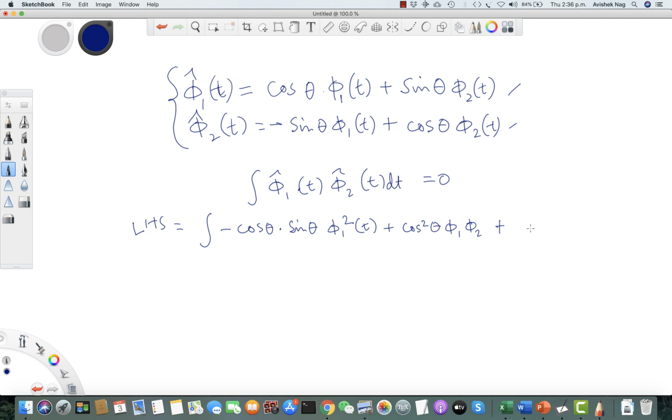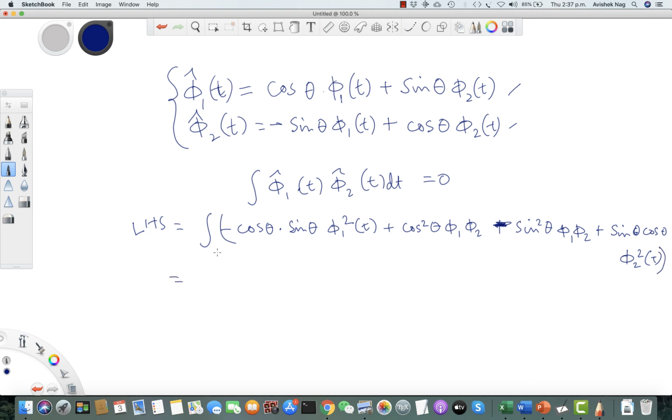Then we have minus sine square theta phi 1 phi 2, and finally we have sine theta times cosine theta times phi 2 square. Okay. So the entire integral turns out to be this.